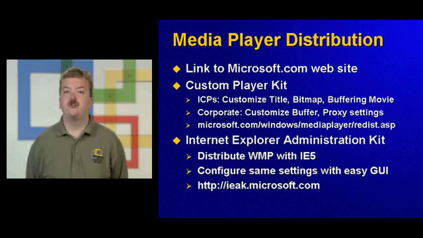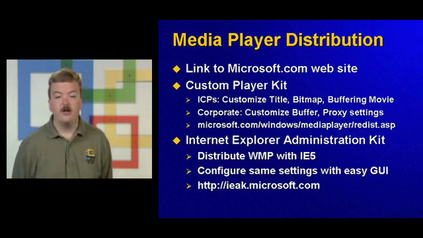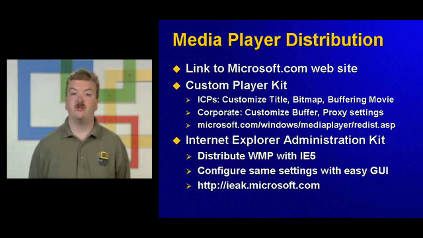Now, if you'd like to distribute the Windows Media Player, you have a couple different choices. One, you can actually link directly to the Microsoft.com home site, the Windows Media web page, and download the Windows Media Player from there and allow your users to do the same. Another option is if you wish to customize the Windows Media Player, you can use our Custom Player Kit.